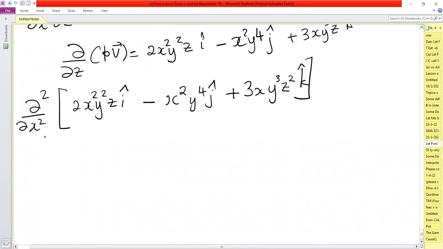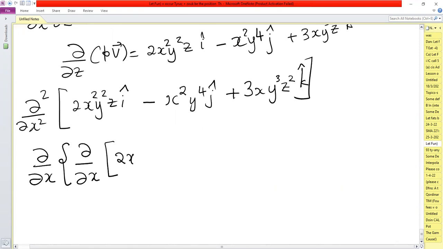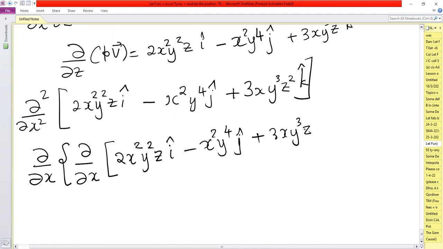So this can as well be written as partial x of partial x of this same quantity, 2x squared y squared z i minus x squared y power 4 j plus 3x y cubed z squared k.